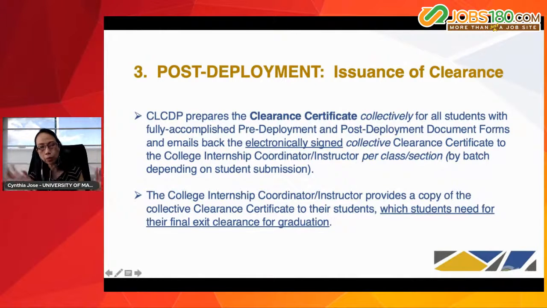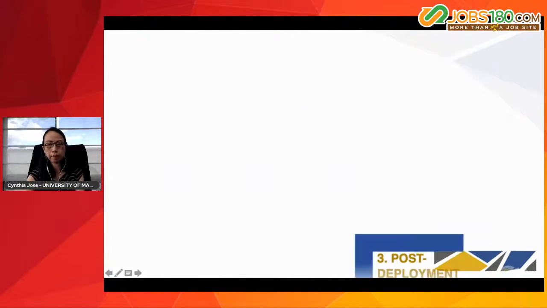So we will not do it one by one anymore. We will do it by class, by section, by batch, depending on the submission. We email this back to your college instructor or coordinator, and then the college coordinator will provide a copy for you because you need your clearance as part of your exit clearance for graduation.